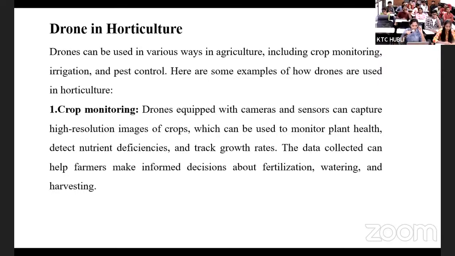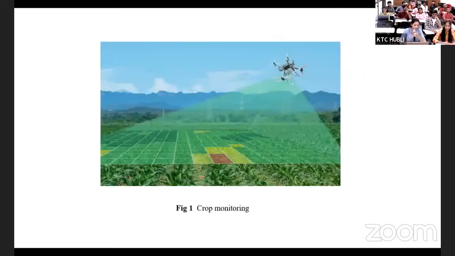Crop monitoring: drones equipped with cameras and sensors can capture high resolution images of crops, which can be used to monitor plant health, detect nutrient deficiency, and track growth rates. The data collected can help farmers make informed decisions about fertilization, watering, and harvesting. This image shows how drones are used for crop monitoring.